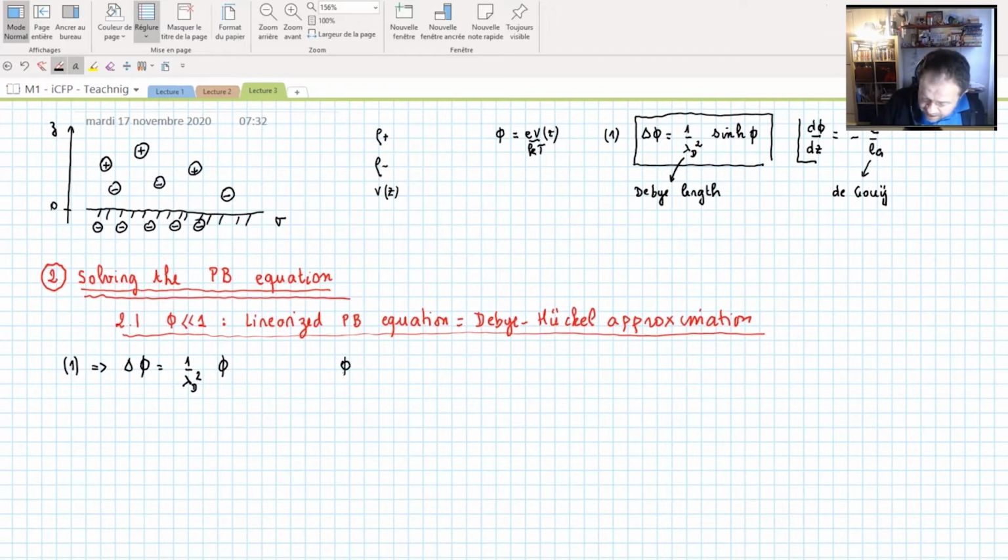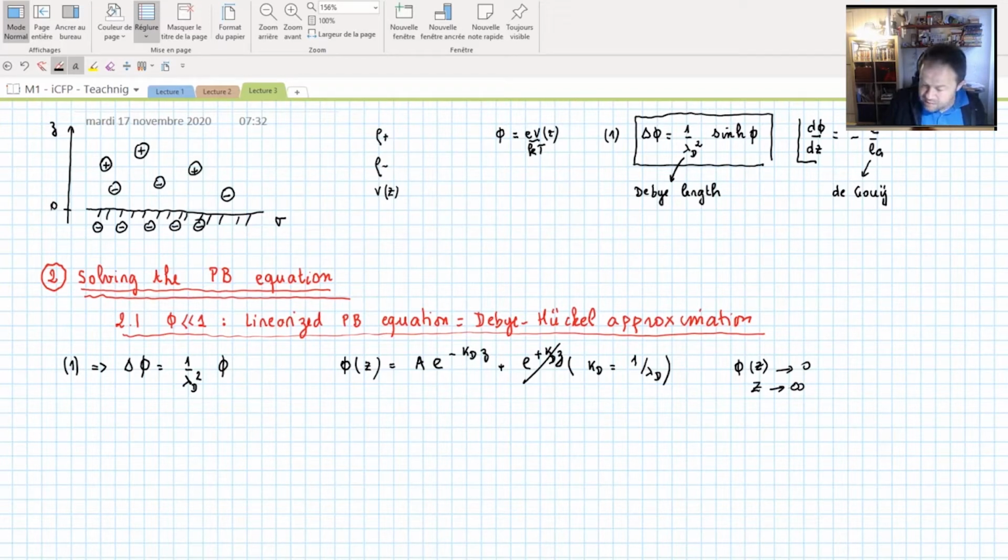Phi of z is an exponential term, exponential of minus kappa_D times z, where I have written kappa_D as the inverse of the Debye length. It's a Debye decay term. There is also a term plus kappa_D z that we can neglect because we want phi to tend to 0 when z tends to infinity.